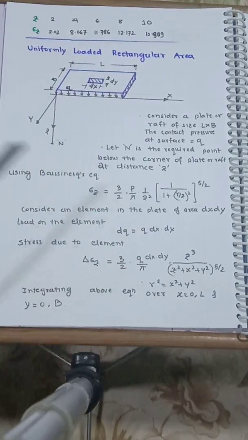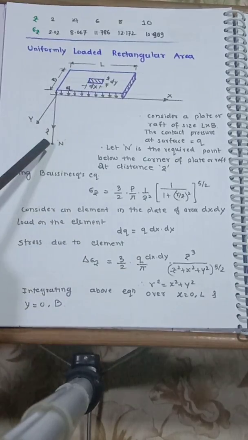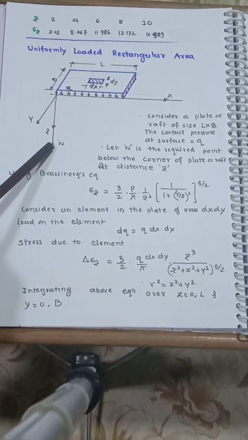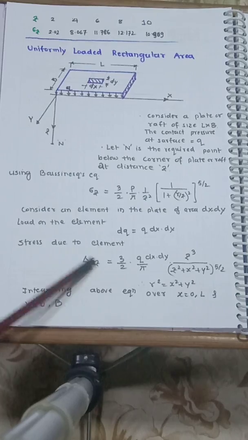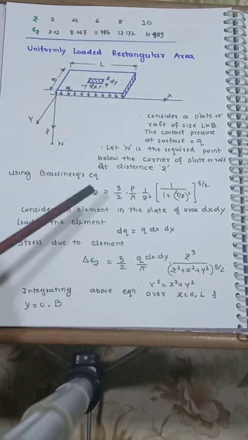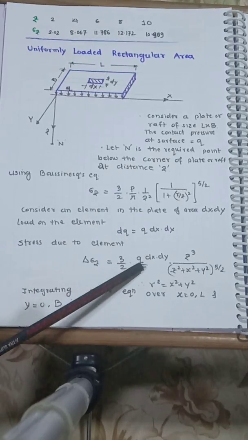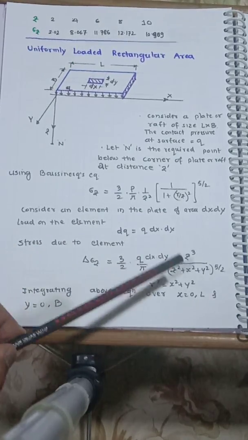So I get a small load here. Because of that load, the stress developed at Z is delta sigma Z, because we are considering the element here. So replace this Q with this delta Q, Q dx dy.